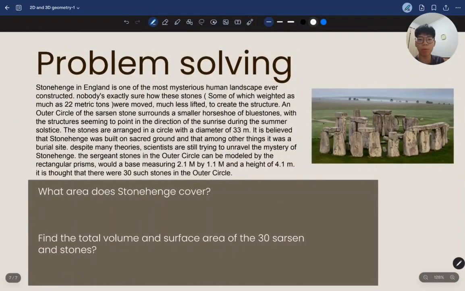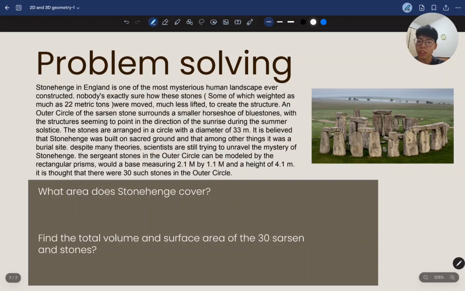Now lastly, the problem solving. Stonehenge in England is one of the most mysterious human landscapes ever constructed. Nobody is exactly sure how the stones, some of which weighed as much as 20 metric tons, were moved. An outside circle of sarsen stones surrounds a smaller horseshoe of bluestones, with the structure seeming to point in the direction of the sunrise during the summer solstice.